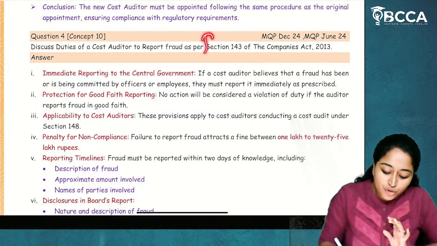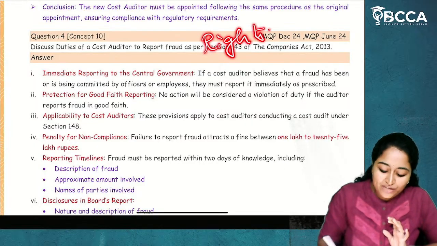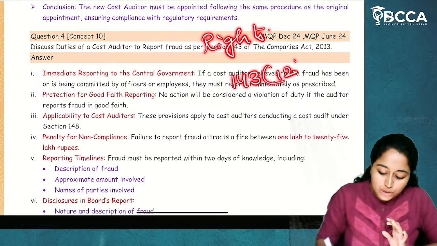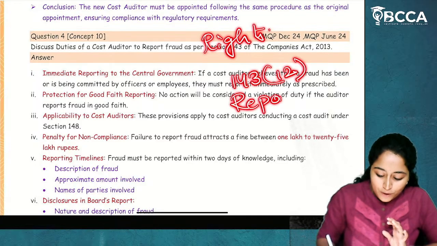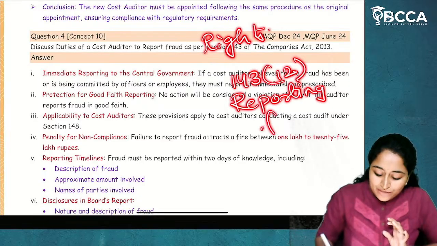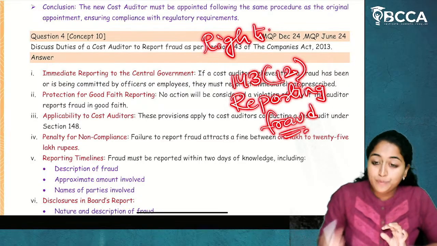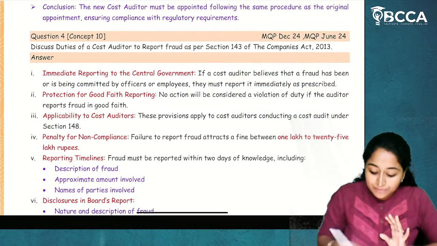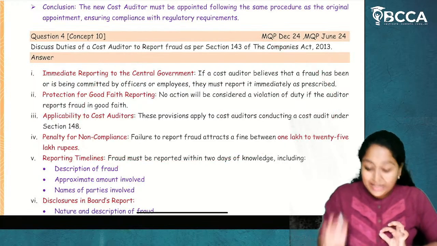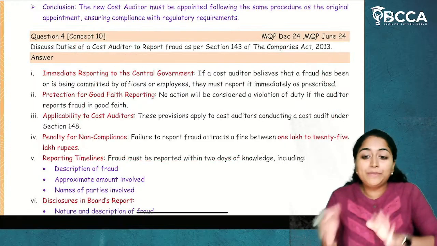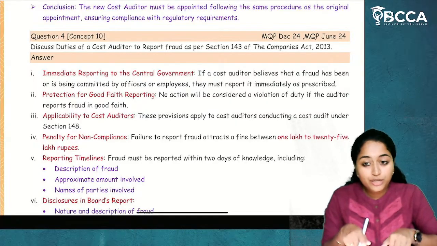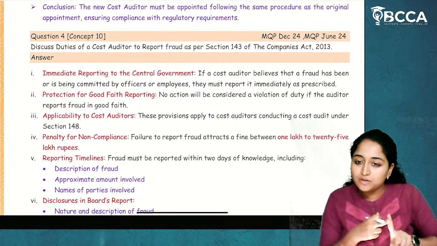They can even ask about rights of cost auditor, and they can even ask about 143 subsection 12 about reporting of fraud. So if I have given a question as a super 50 important question, that doesn't mean that only this question is important. It means whatever connected topics are there, everything is important. Here the duties question is given, so rights are also important.